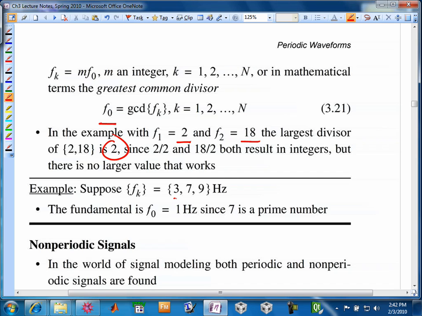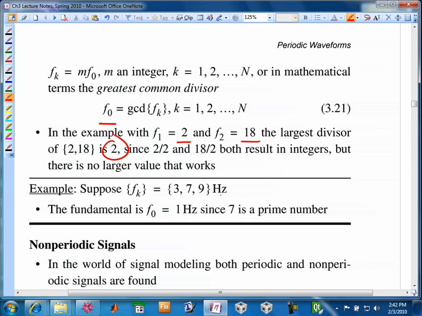Suppose you had this poor situation. I say poor because prime numbers have a certain property. They're not related by any divisions or multiplication. So if I had 3, 7, and 9 hertz in a system, the fundamental there is going to be 1 hertz because I can derive 3, 7, and 9 by direct multiples of 1 hertz.